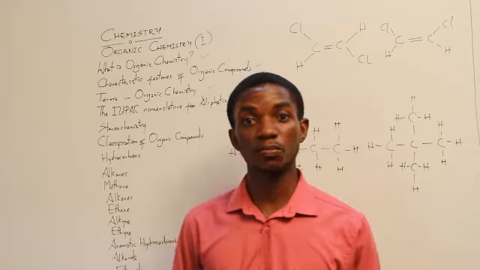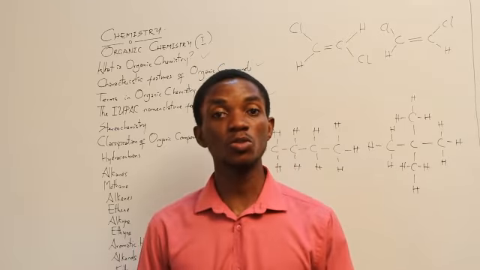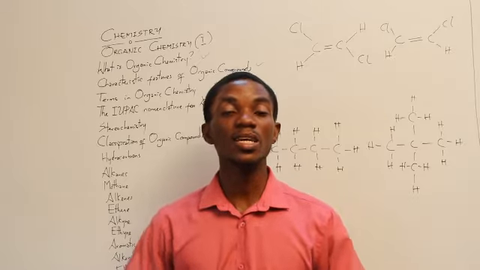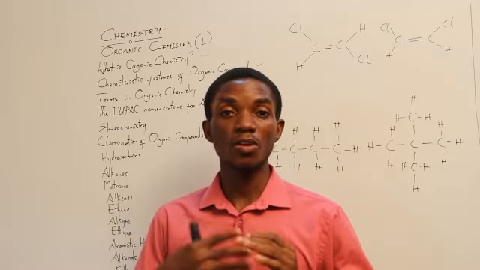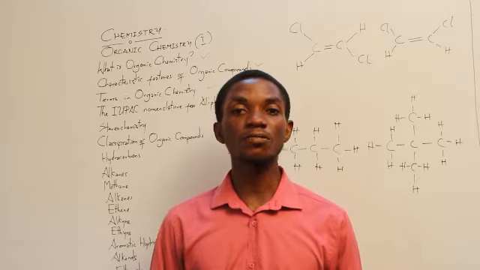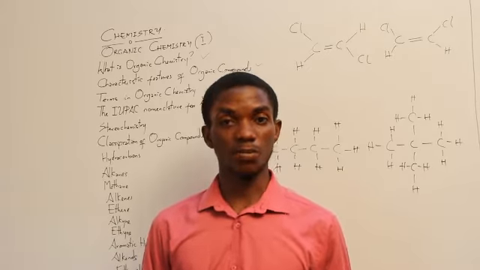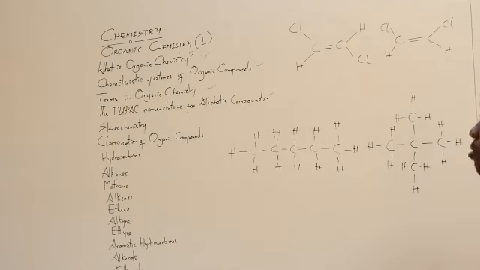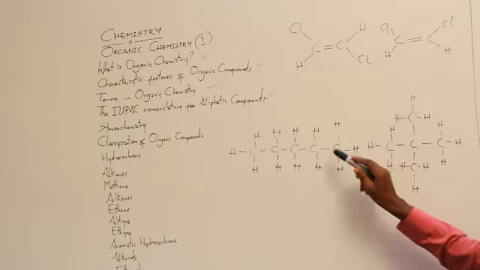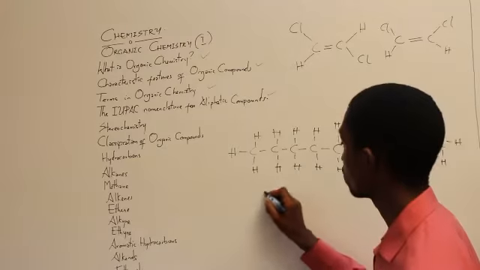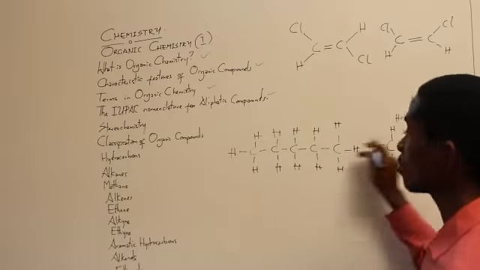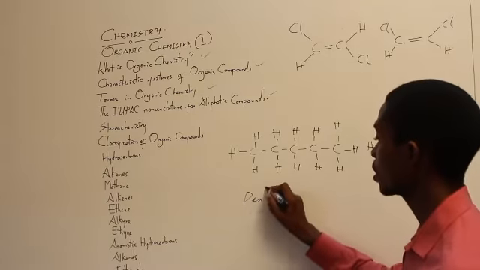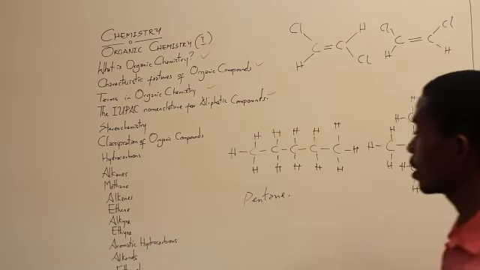Let's take an example. When we talk about two substances being isomers, it means that they have the same molecular formula but different structural expressions. Let's look at what we have down here. We have 1, 2, 3, 4, 5, and of course all of them are joined with single bonds, so we should call it pentane, right?